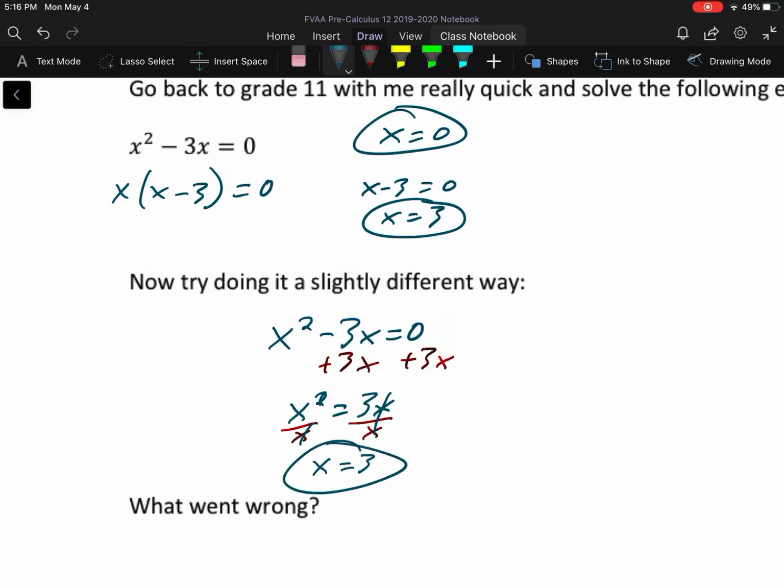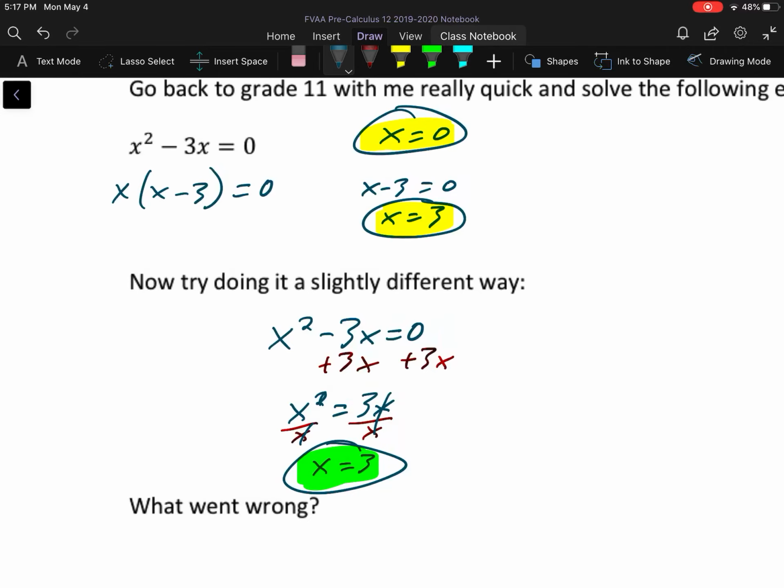So here you only get one solution. Whereas on the top we correctly got two solutions. On the bottom, we incorrectly got just one solution.